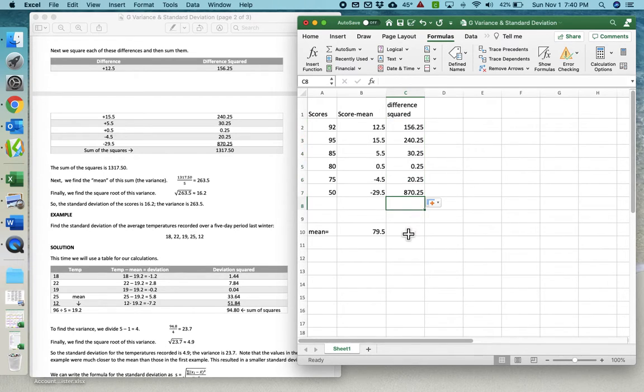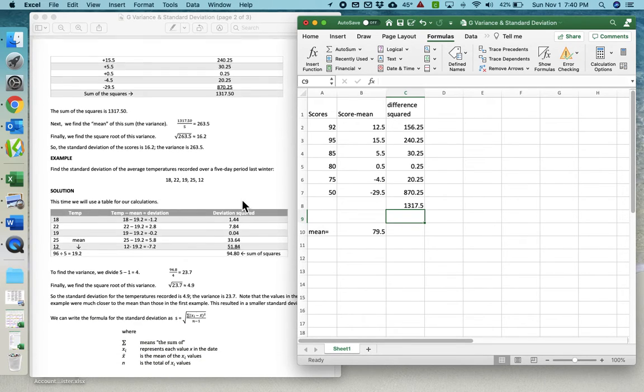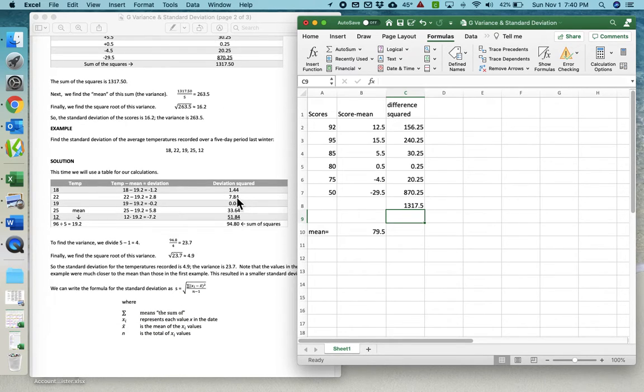Now we need the sum of those squares. So we can just go through and click on them, or we can type sum, parentheses, and select all of those. And there's our sum, just like in the worksheet. So the sum of the squares is 1,317.5. And then to find the variance, we take that number.